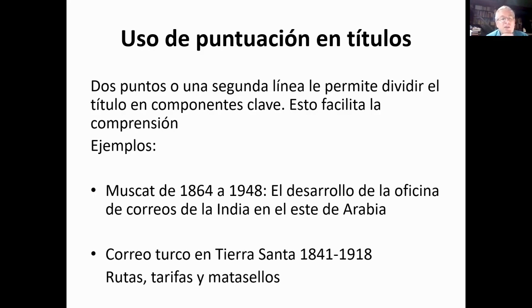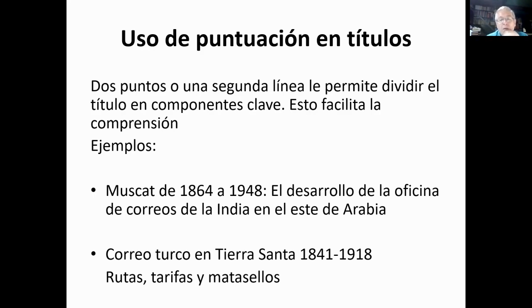And this slide just gives a couple of examples where you can use, in a sense, a title and a subtitle. The first one, the Muscat exhibit, breaks the title by the use of the colon after the date. The first part defines the broad scope, and the portion after the colon defines the kind of subscope of the exhibit.